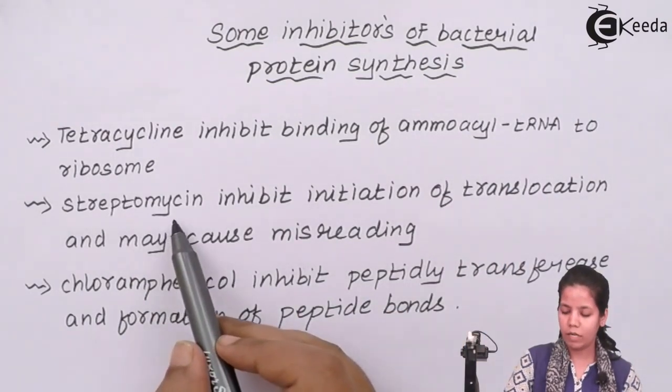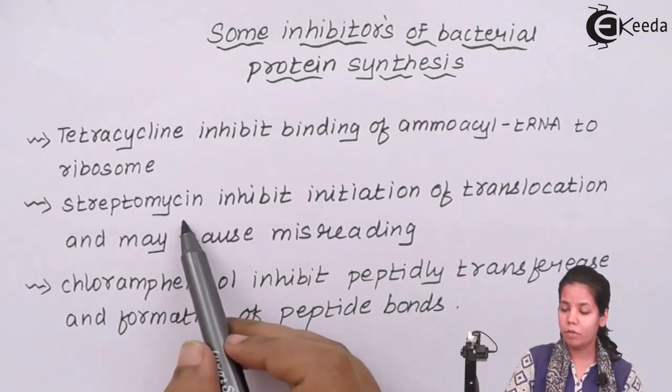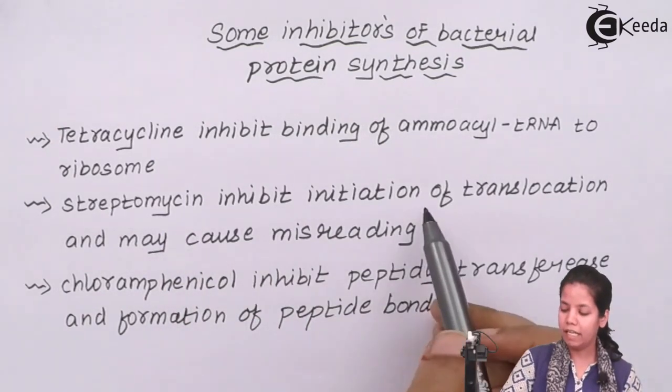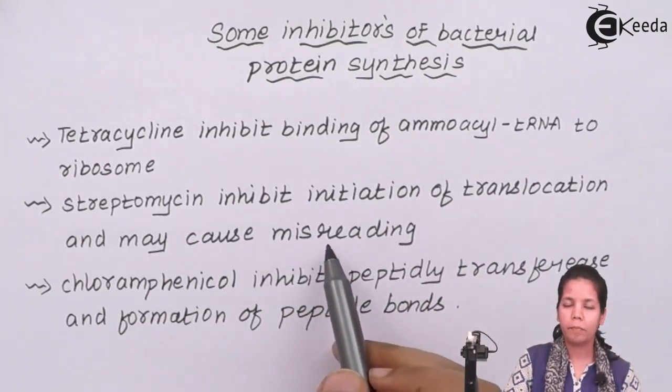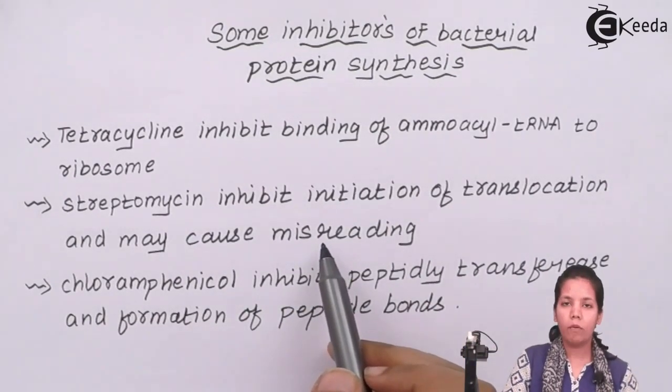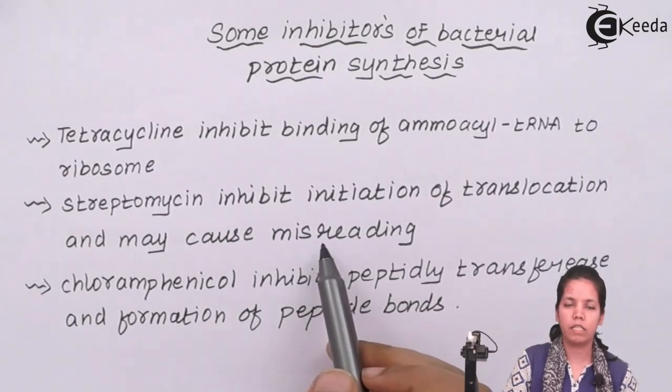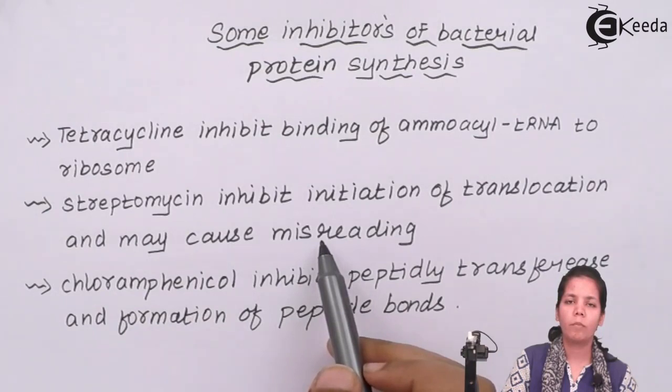The next one is streptomycin. Now streptomycin basically inhibits initiation and translocation and may cause misreading. Now, streptomycin works in the last phase of protein synthesis. Once your polypeptide chain is formed with all the peptide linkages and the protein is almost complete, it has to be translocated, or you can say transferred, to the site of action.